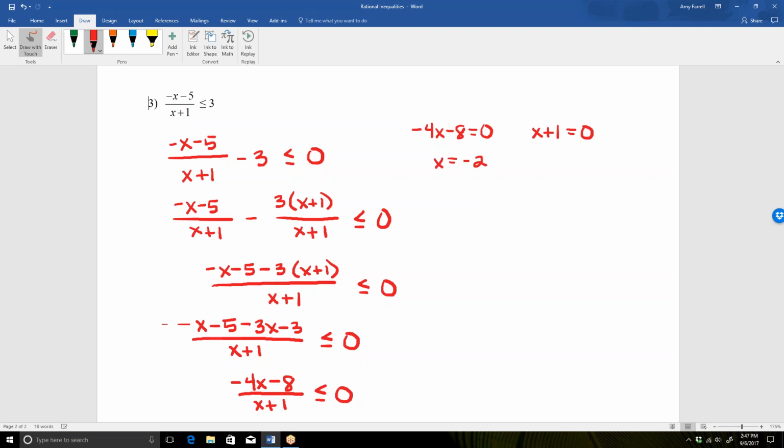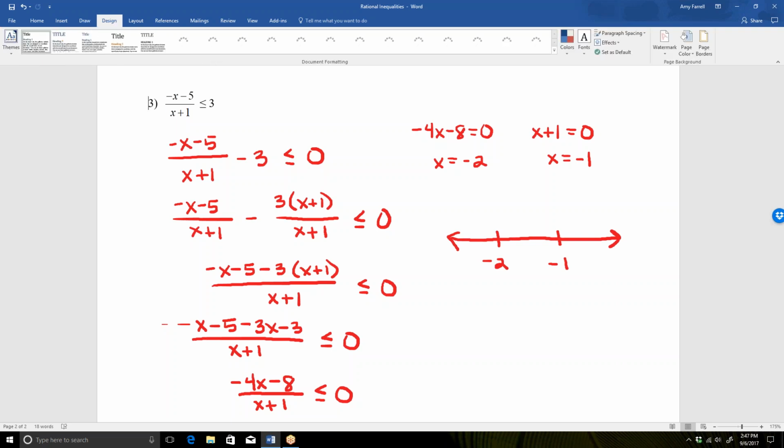When I solve here, I get x equals negative 2. When I solve over here, I get x equals negative 1. I'm going to plot those numbers on my number line in numerical order. Negative 2 is smaller than negative 1, so it goes on the left. And then now I'm going to make a sign chart and enter my intervals.